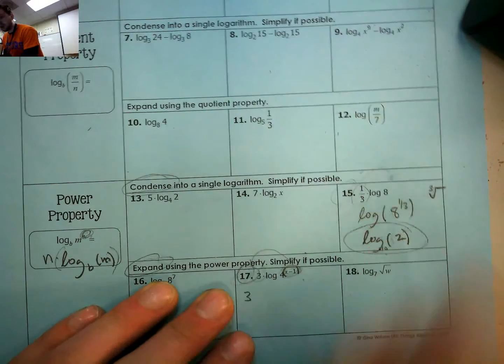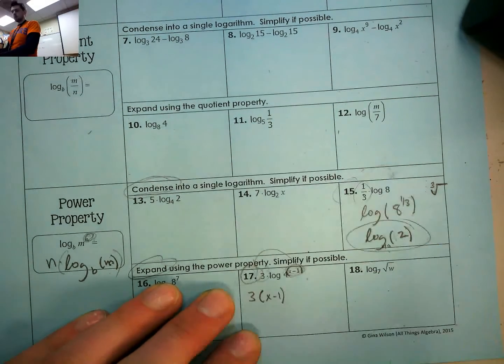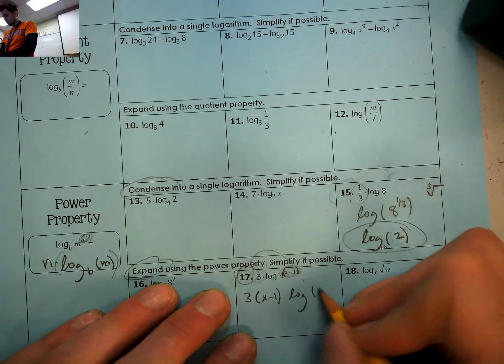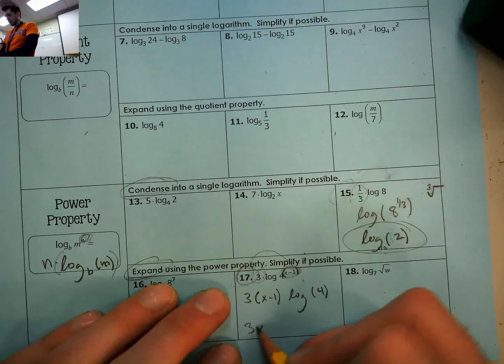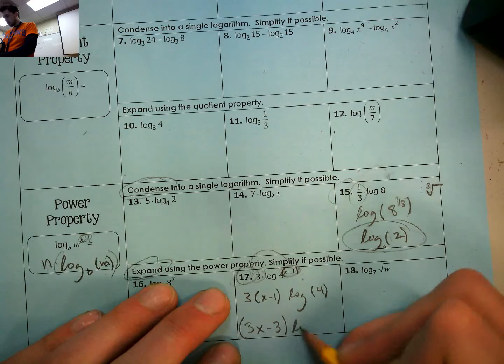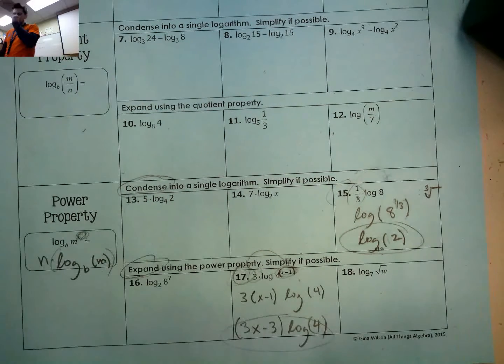So how would that look? Well, there's a 3 out there already. Let's take the x - 1 and put it out front. And what's left over? Well, just a log of 4. Now we could simplify a little bit more and get 3x minus 3 log 4. That'd probably be the most expanded.